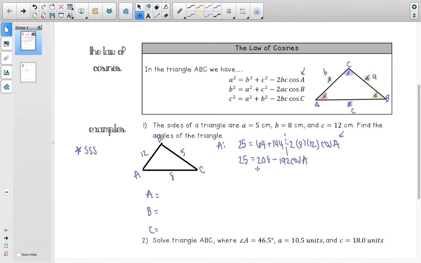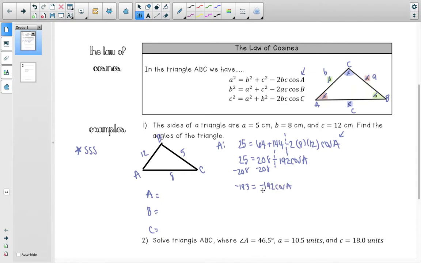So you have to subtract the 208 over first. This happens every time where people put 208 minus 192. These are separate. This is multiplied to here, so you can't do it. So if you subtract that 208 over, sorry, you get negative 183. And then the 192 stands there.